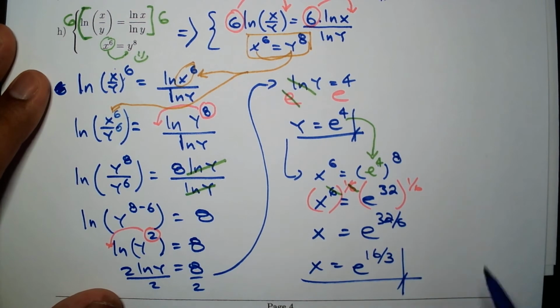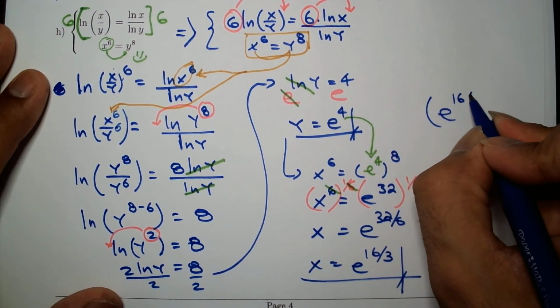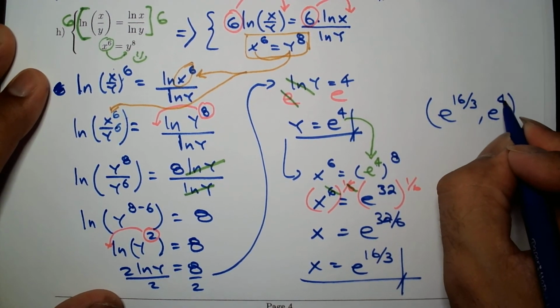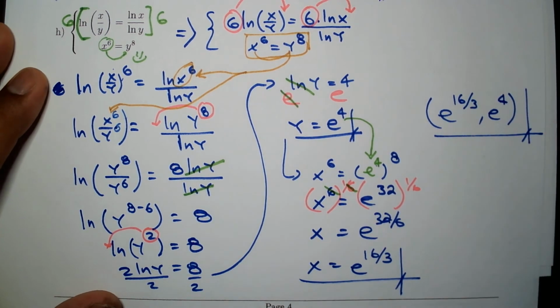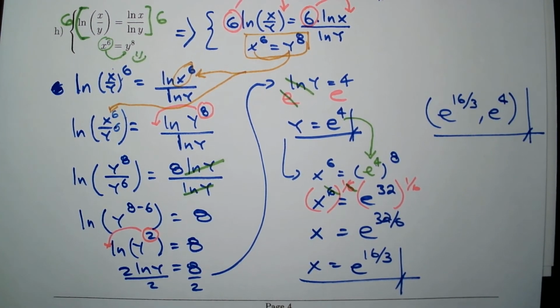So the final answer, as another pair, is e to the 16 over 3, comma, e to the 4th. I know this is a crazy one, yet it's an interesting type of exercise in which we put together all these properties of logarithms that we learned in previous chapters into systems.